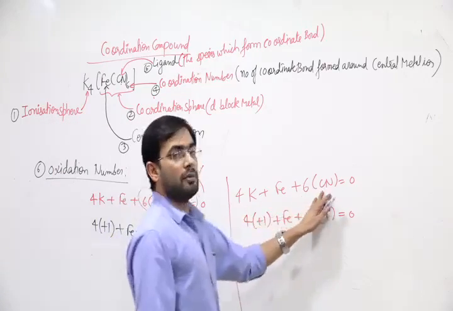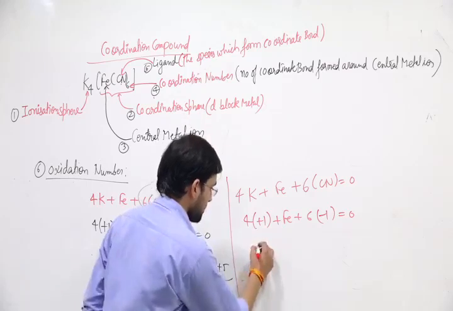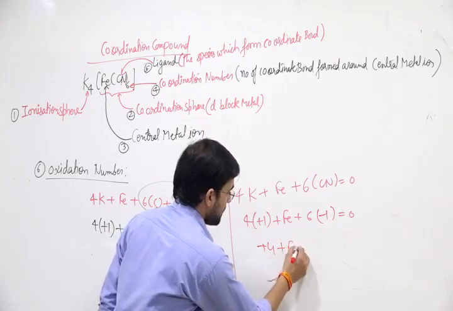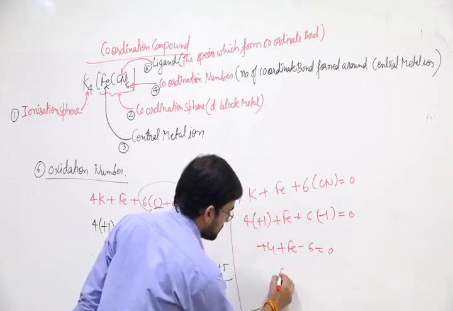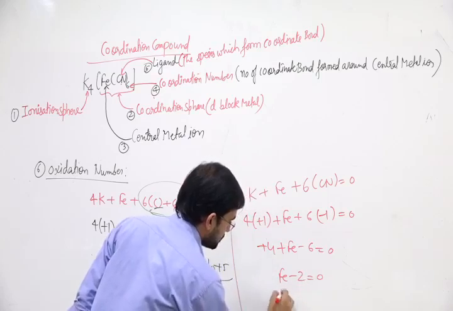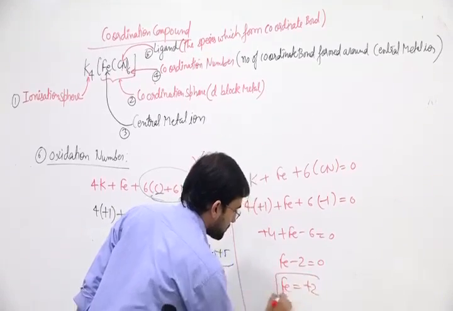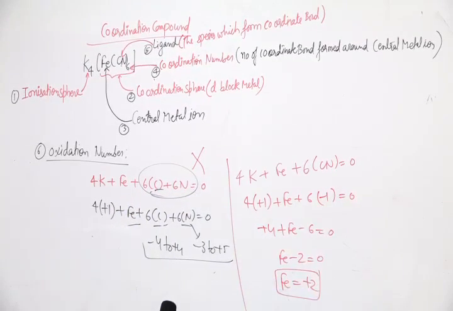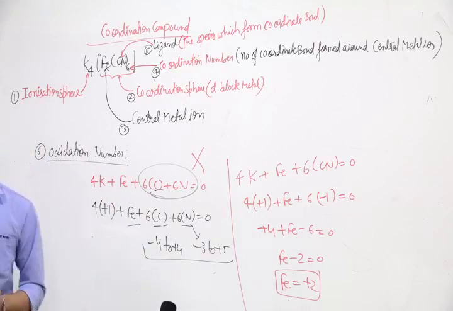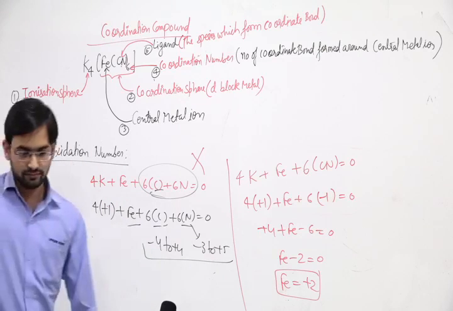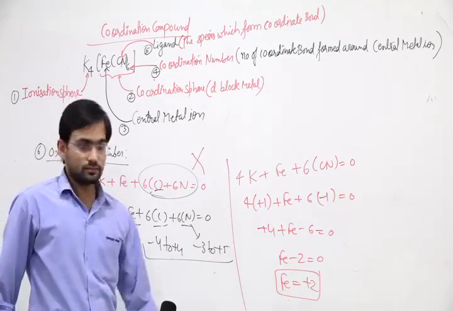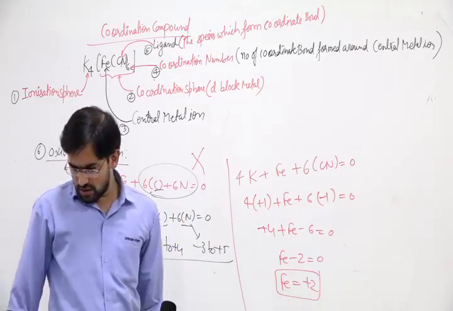But if you do not break CN, then you can solve this. So plus 4 plus Fe minus 6 equals 0, Fe minus 2 equals 0, Fe equals plus 2. So iron is present in plus 2 oxidation state. Understood?